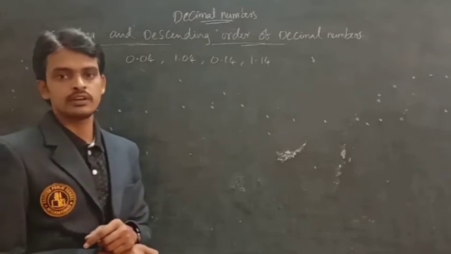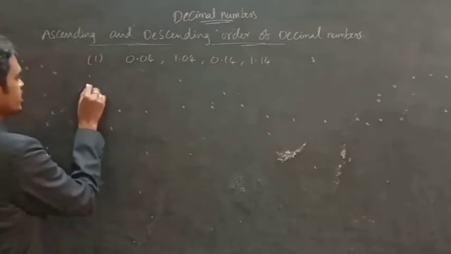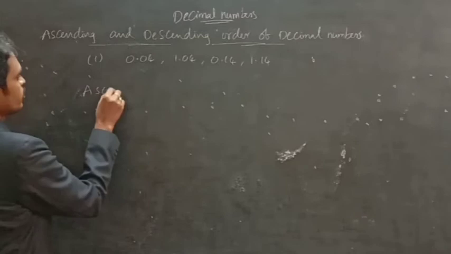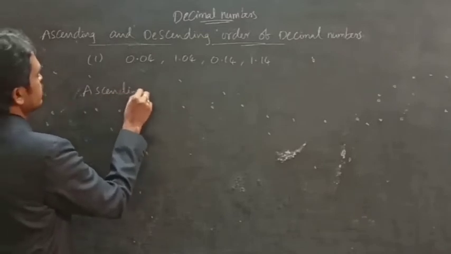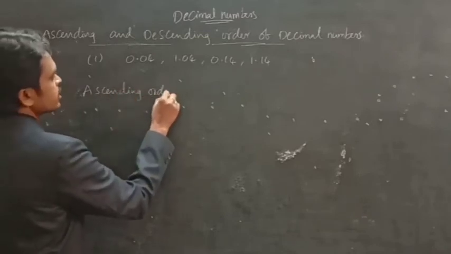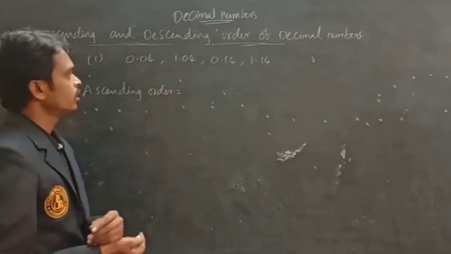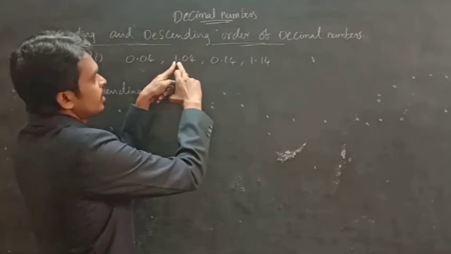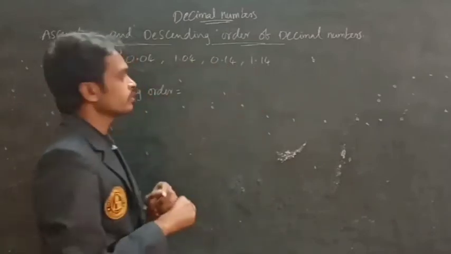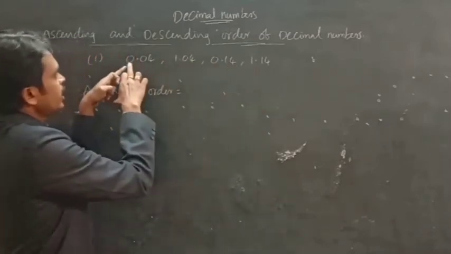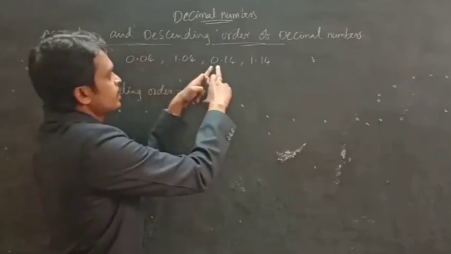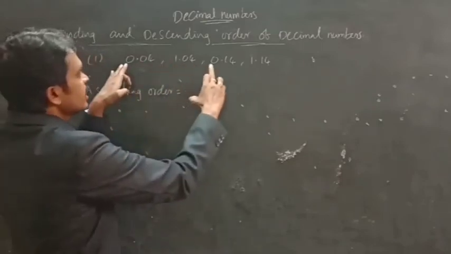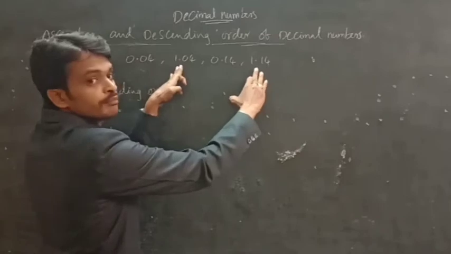Look here, the whole part is 1 and here also 1. And here the whole part is 0 and here also 0. So these are the same and these are the same.